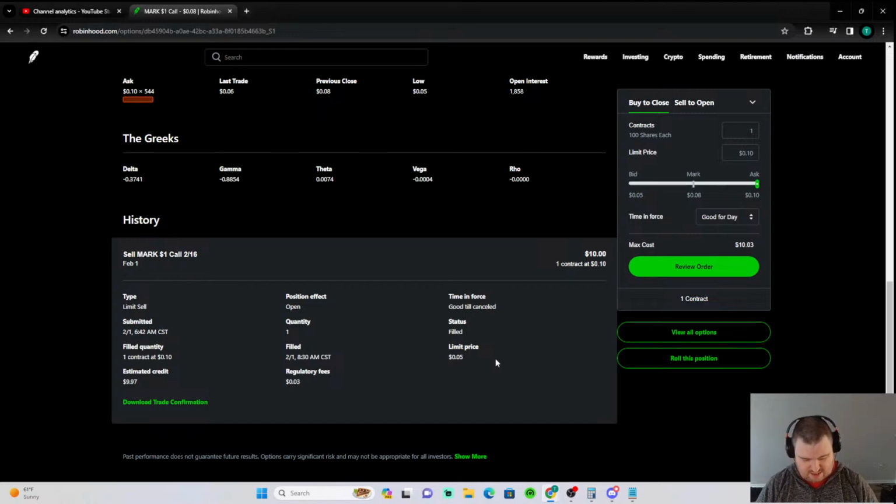So what an option is: they get the option to exercise our contract. This is a contract that if the price exceeds $1 at any time between now and the expiration date, that's what call 2/16 means. February 16th is the expiration date on this contract.